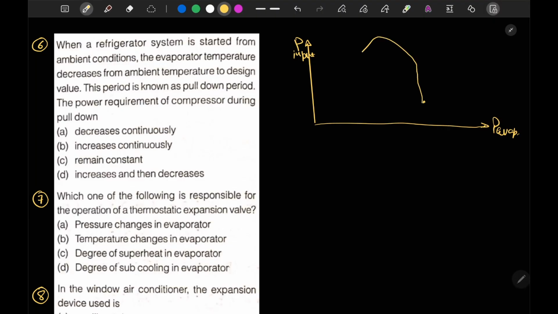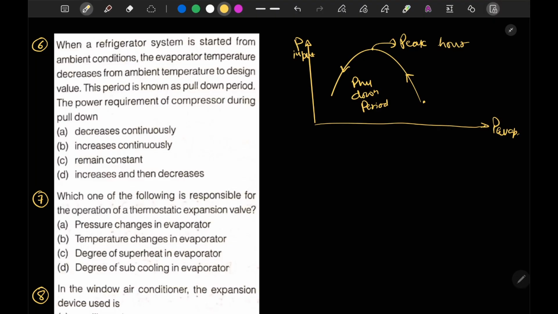Now it follows this curve. So this is our pull down period, and this is our peak hour.